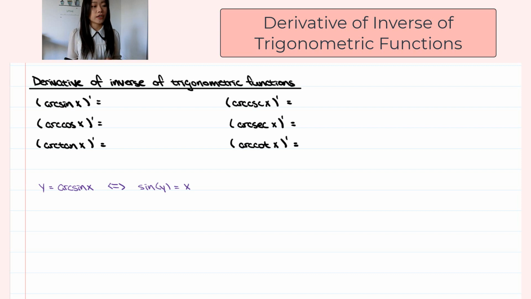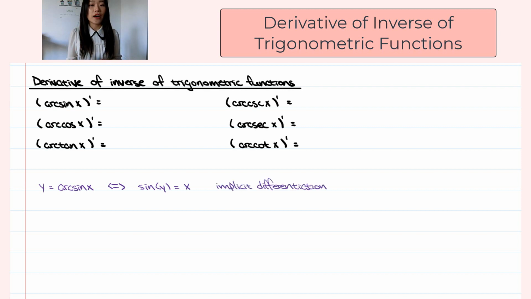Here I have an equation that includes x and y, and I want to find the y prime, because y prime is the derivative of arcsine of x. But the equation is not in the form of y equals function of x. I have an equation that includes x and y. So when we have an equation like this, we need to use implicit differentiation.